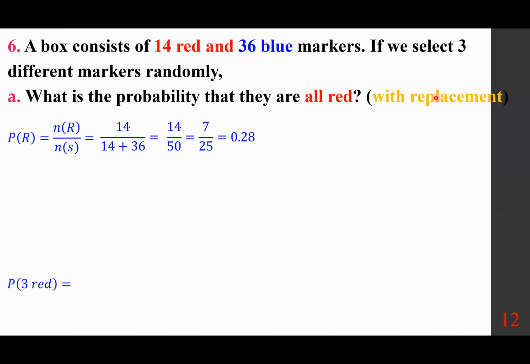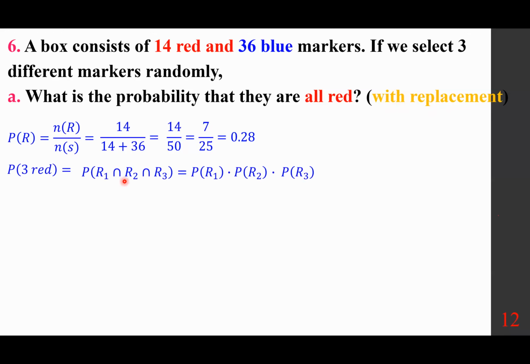So the probability of all 3 red, if we were to write it with the formula, would be R1 intersection R2 intersection R3, which is P of R1 times P of R2 times P of R3, and they're all identical, 0.28, therefore 0.28 to the power of 3, or 7 over 25 to the power of 3, however you write that, and the answer is 0.021952.